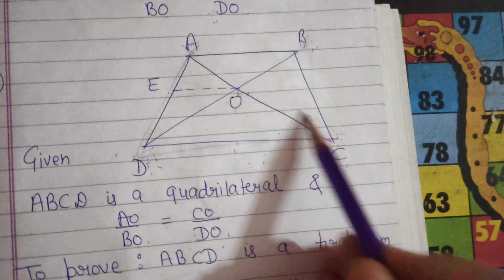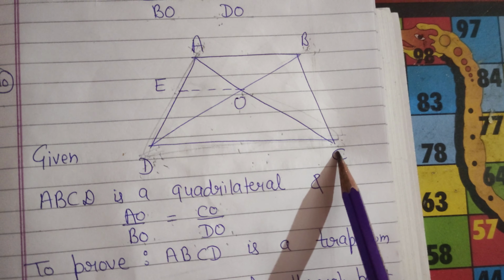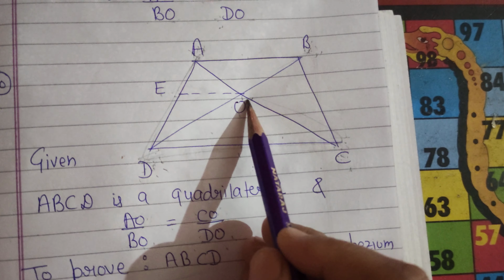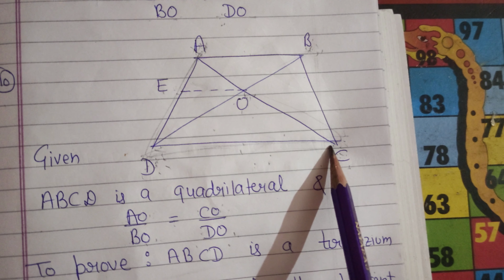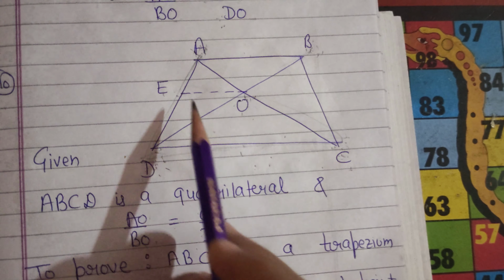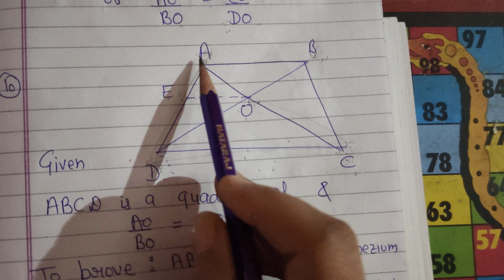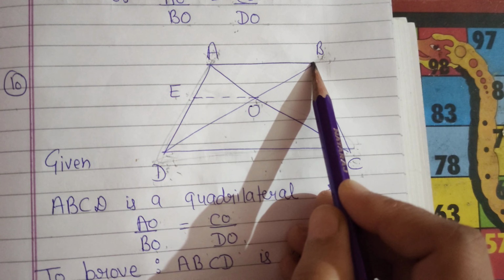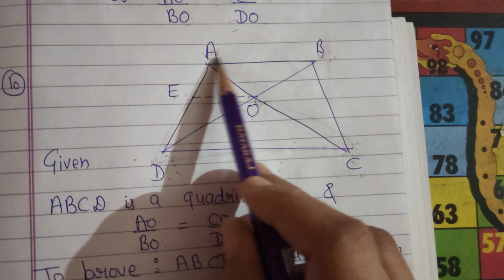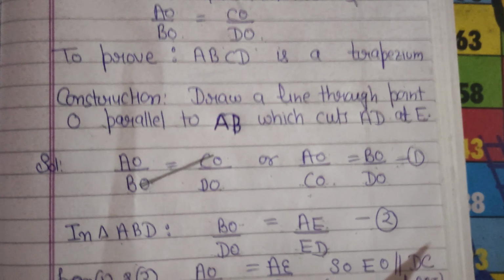It means for triangle ADC, we can conclude that EO is parallel to DC by using the converse of Thales theorem. But EO was parallel to AB by construction. So we can conclude AB is parallel to DC.